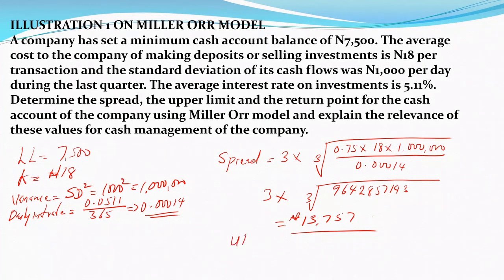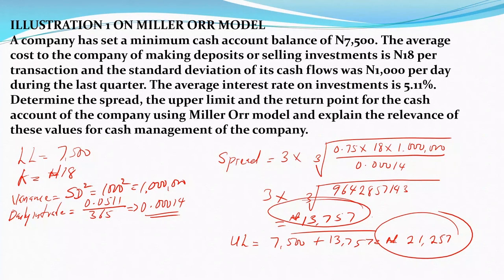So that means my upper limit will be the lower limit, which is 75, plus 13,757. So that means my upper limit will be 21,257. This is my upper limit. This is my spread.